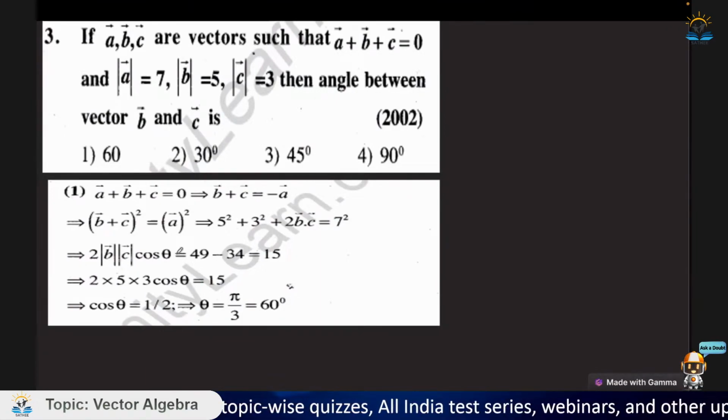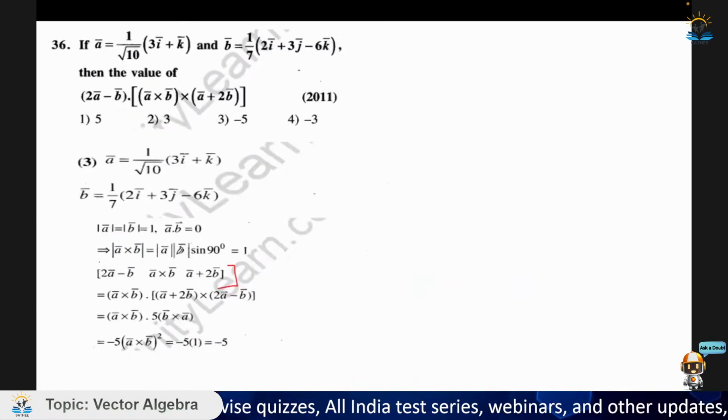Let's say for the scalar triple product we have this question.